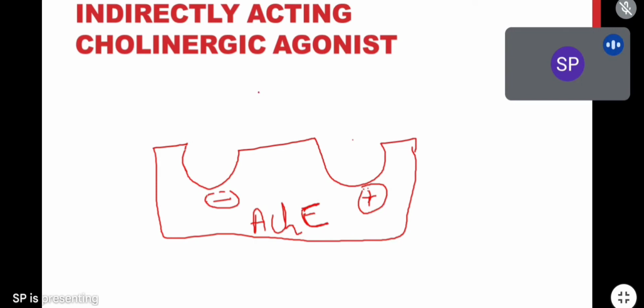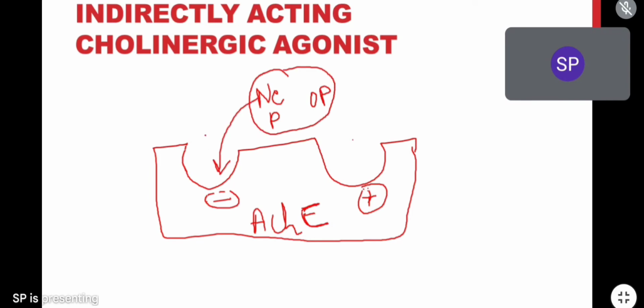For example, we have neostigmine, pyridostigmine, and organophosphate compounds. All these drugs' classification we discussed in yesterday's class. When these drugs are given, they bind on either the anionic site or the cationic site. The site is already filled with these drugs, so they are competitively binding on these sites.